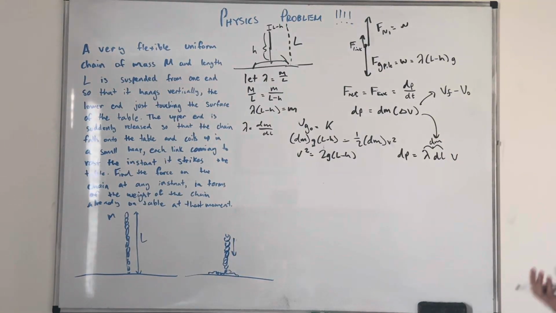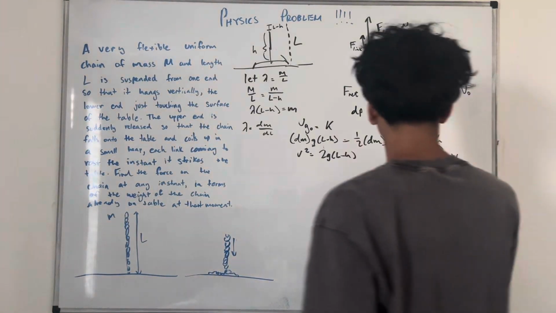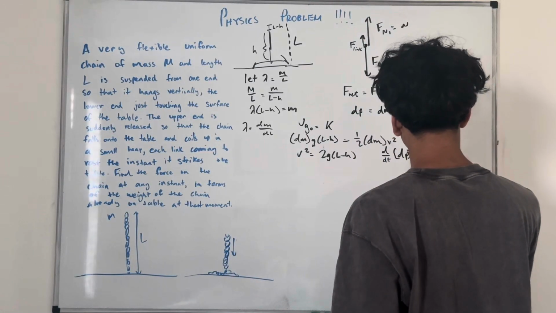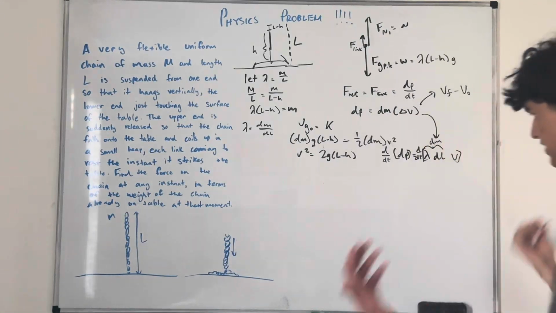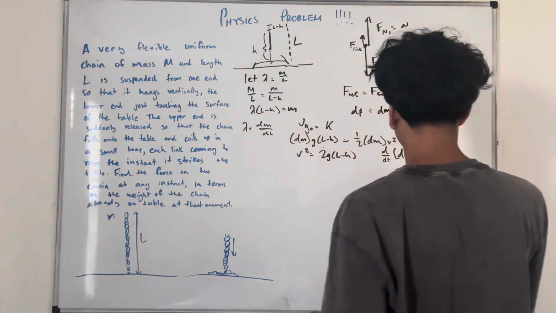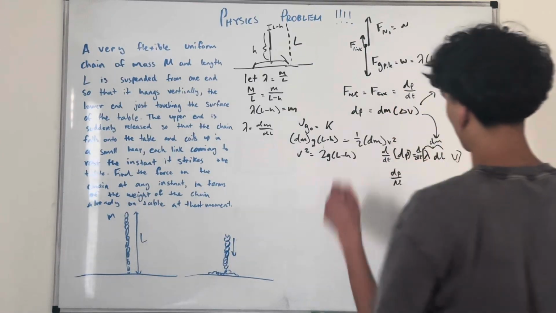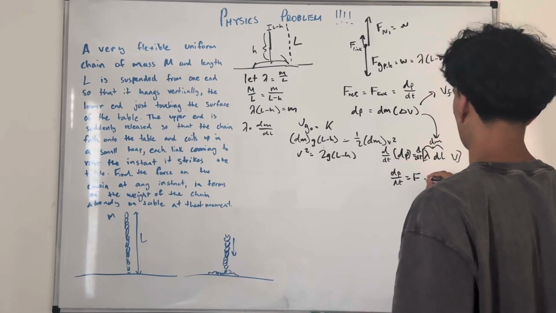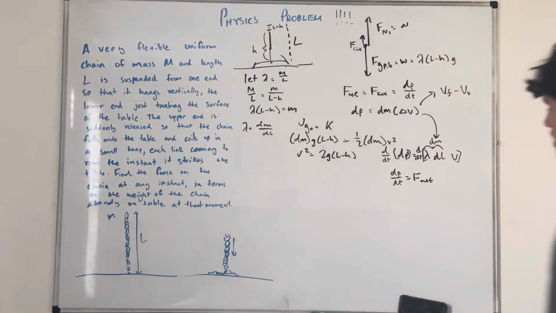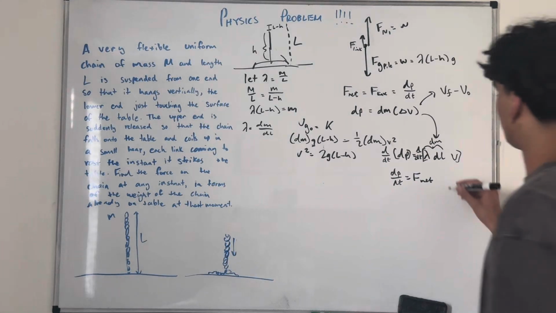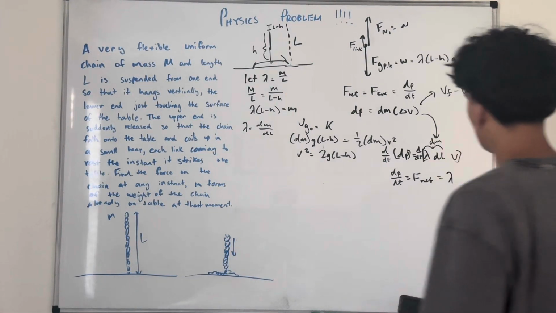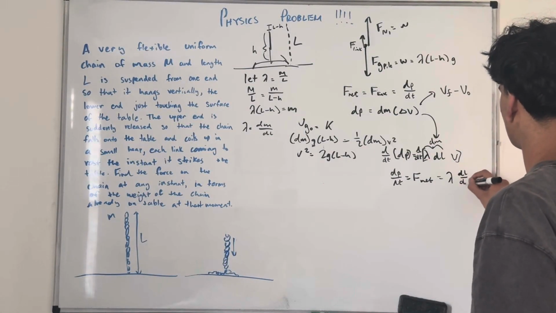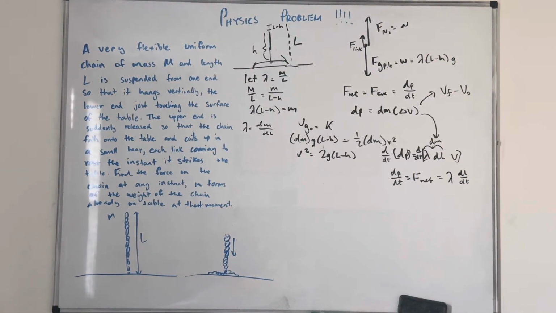And then what you're going to see is, let's take the time derivative. So I'm going to do d/dt on both sides, and I know this is kind of bad notation, but we'll roll with it. If I take the time derivative, I get dp/dt, which is the force on the link, approximately, very close to it because the weight is so negligible. But F net is going to equal lambda, which is a constant, times dl/dt, and then v.